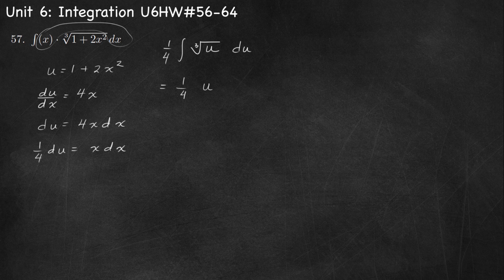So it becomes u to the power 4/3 divided by 4/3, or times 3/4 plus c. So we get 3/16, and then u gets replaced with 1 plus 2x squared. So that's to the power 4/3, and then plus c.